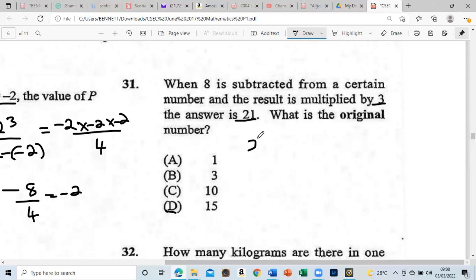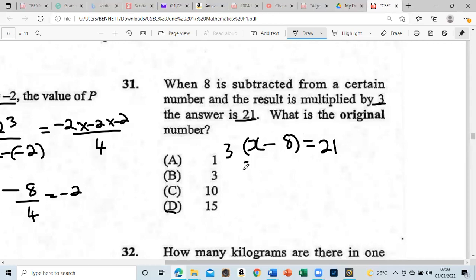Alright, so if the number is x minus 8 and the result, I will multiply by 3. And the result must be 21. Right?